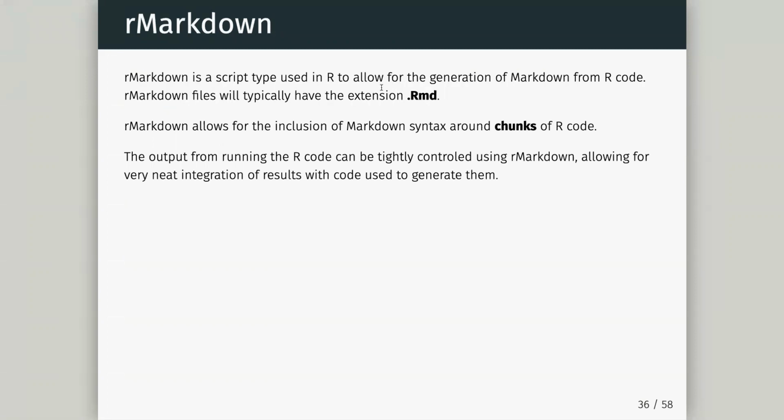Whereas our other Markdown documents were just .md, an R Markdown document is going to be .Rmd. So R Markdown really extends Markdown syntax to allow for the inclusion of chunks of R code. That R code will then be evaluated and the result put inside the HTML page or PDF. So what we were doing just now with the script and compiling in HTML, R Markdown allows us a much higher level of control.